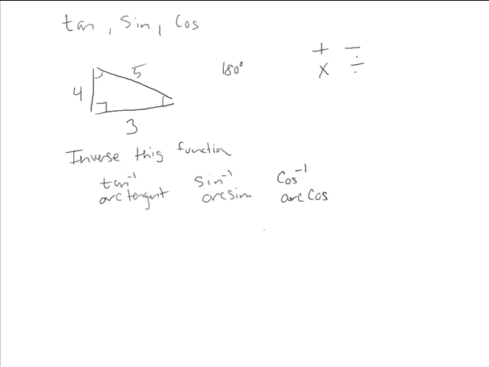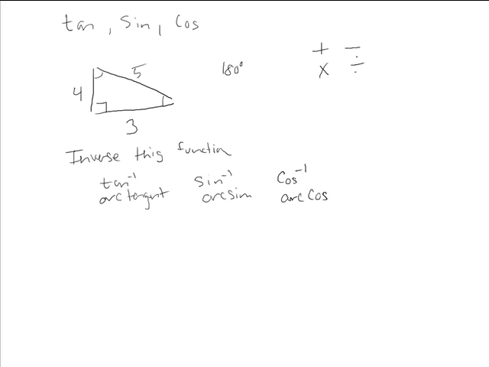Now we're going to be able to use these three inverse trig functions to find an angle that creates a given ratio. So if we know the ratio, that is the input for these functions, just like the angle was the input for the other ones.